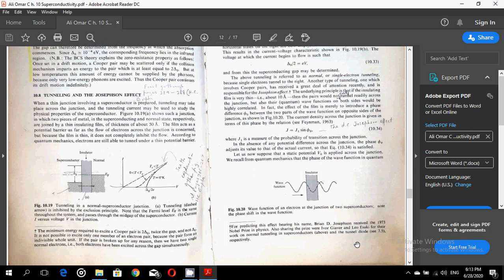In the absence of any potential difference across the junction, the phase phi naught adjusts its value to that of the actual current, so that equation 10.34 is satisfied. Let us now suppose that a static potential V naught is applied across the junction.